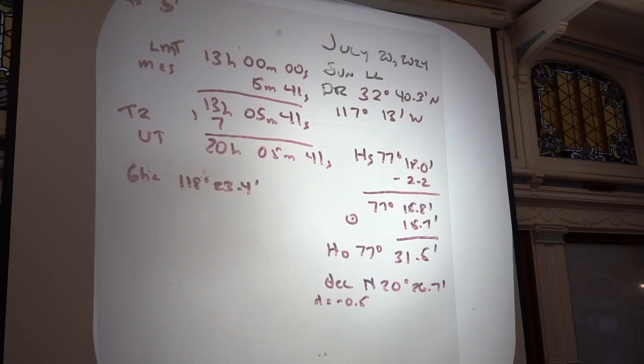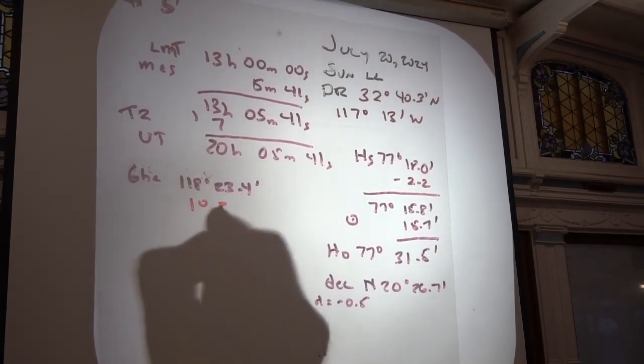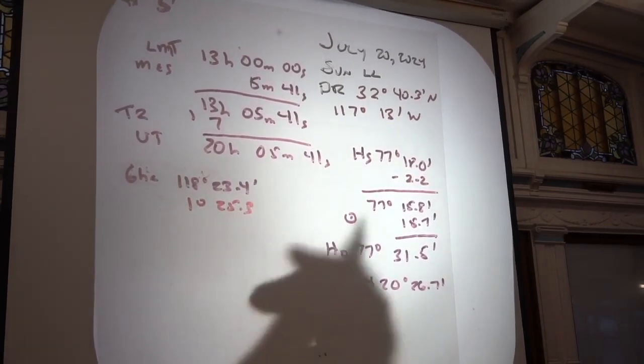And what you should see under sun and planets at 5 minutes, 41 seconds is 1 degree, 25.3 minutes. That's always additive. 1 degree, 25.3 minutes.